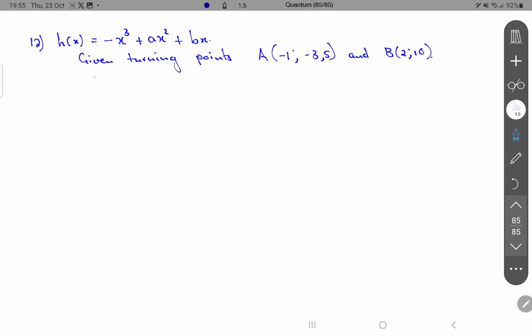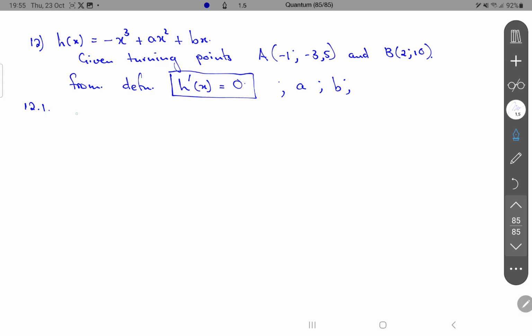So we know that from the definition of a turning point, h prime of x should give us 0. This is the definition of a turning point. Remember that we are going to get our a and our b from that formula.